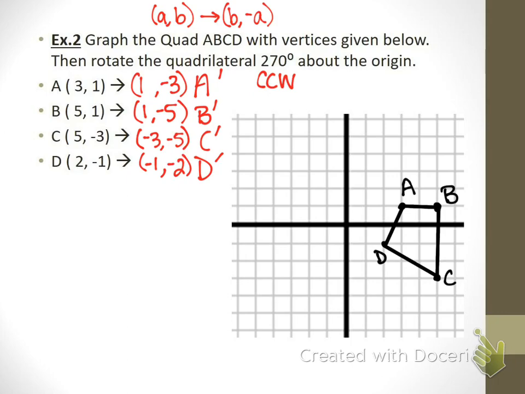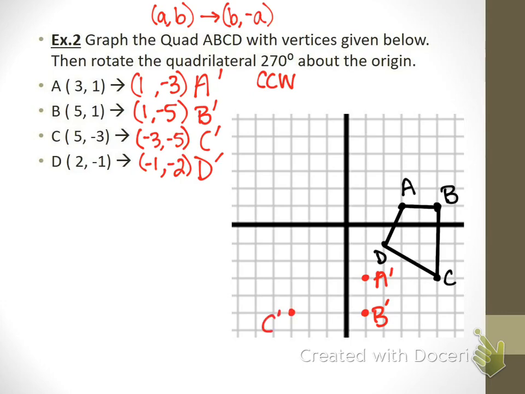All right, so let's graph A prime. 1, negative 3. B prime is at 1, negative 5. A prime, B prime. C prime is at negative 3, negative 5.